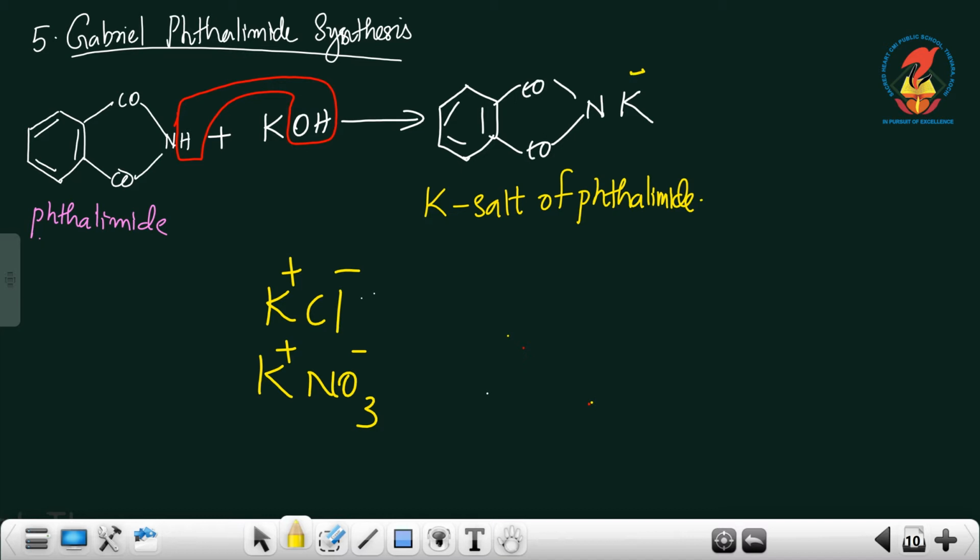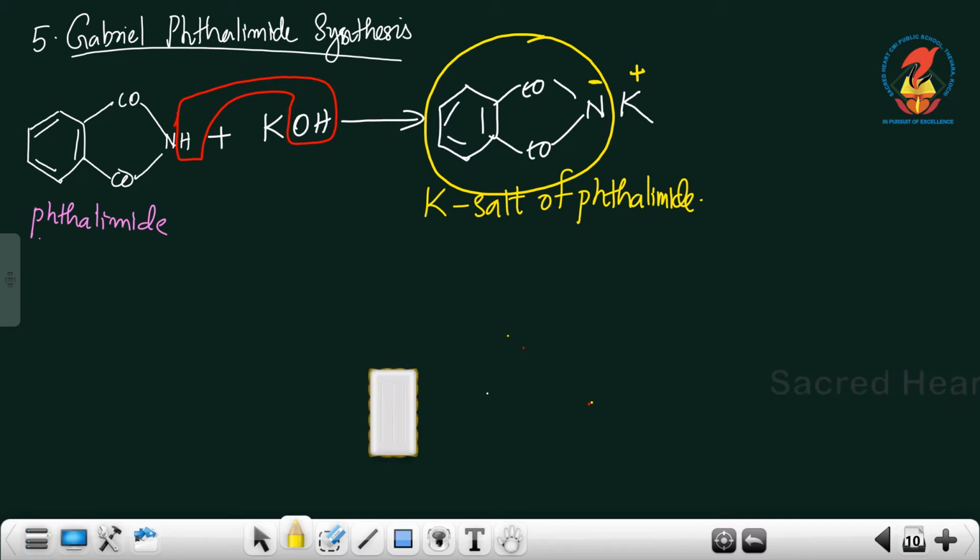It is K plus and this full compound minus, isn't it? So this is the ionization of the potassium salt of phthalimide: K plus and the full phthalimide structure. This full structure is known as the anion of phthalimide.